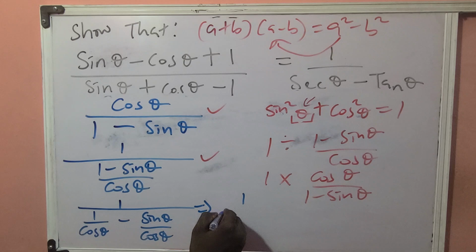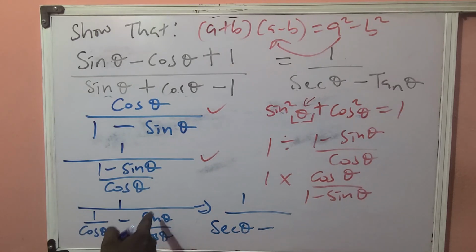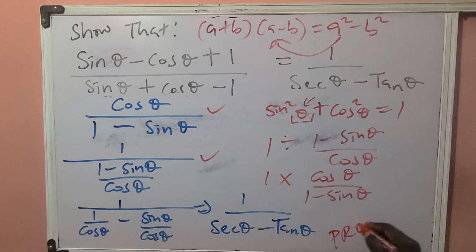Obviously, 1 over cos theta from our basic identity is given as sec theta, and sin theta over cos theta is given as tan theta. So you can see already that we have been able to prove that the left-hand side is equal to the right-hand side.